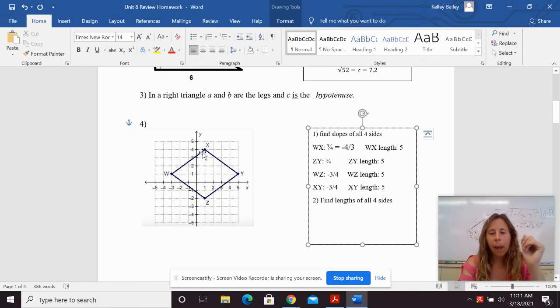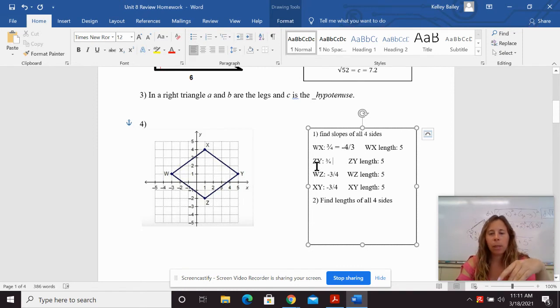So does that match? Are these two lines perpendicular? They are not. It's close. The sign is switched, but these would have to be flipped. It would have to be -4/3.